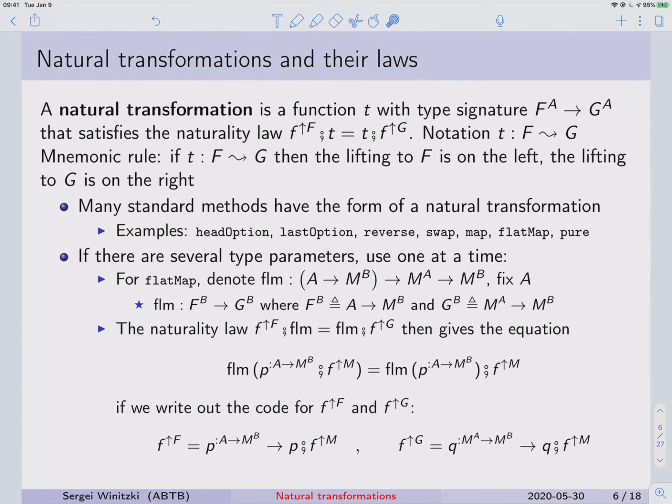So let us now formulate this in a general way. We have a function t that has this type signature. So I remind you that in the code notation, these are type parameters. So in Scala, this would be def t of a, f of a going to g of a.